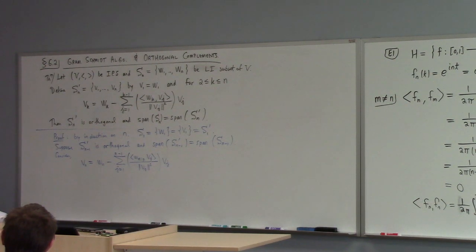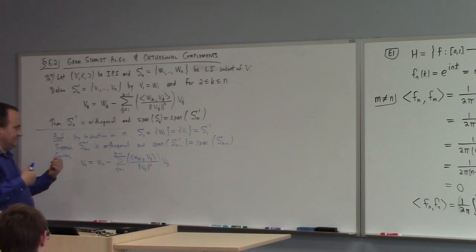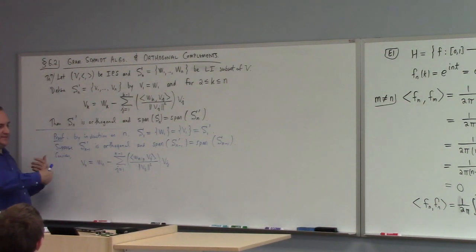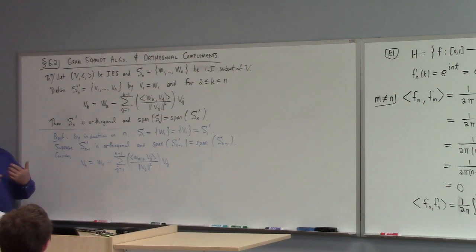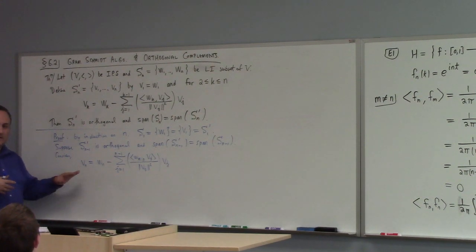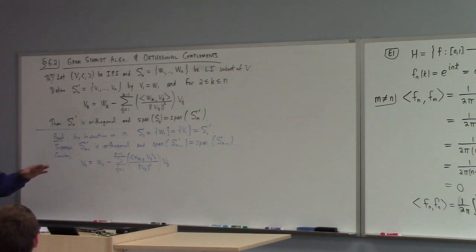Then the span of Sn prime so constructed is clearly a subset of the span of Sn, but it has a spanning set as large as the spanning set for Sn itself, which then gives equality of the spans. So this and the orthogonality are the two things we have to check. To show that Vn is not equal to 0, suppose it's 0 and we'll find a contradiction. All right, so let's do that.